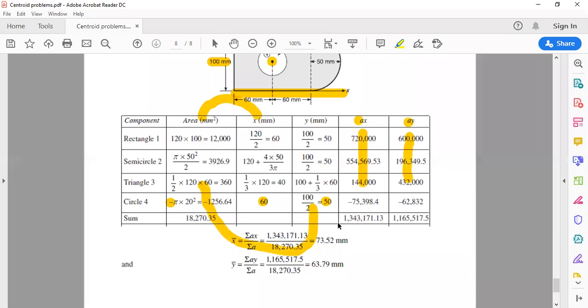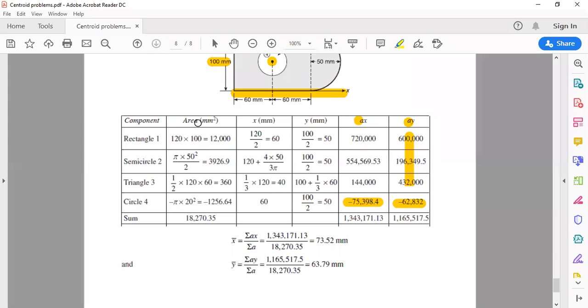But one thing to be kept in mind: the Ax and Ay of the fourth diagram, the circle, is with negative sign. Why? Because it is a deduction and the area is taken with the negative sign. So it is minus 1256.64 into 60, which will give you minus Ax, and similarly Ay.